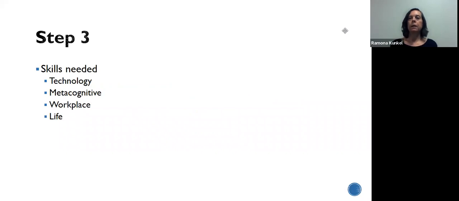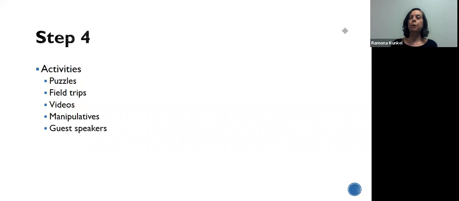Step 3, you want to think through what skills are going to be needed. What technology am I going to use? What cognitive skills are going to be needed for this lesson? It's going to tie into workplace skills and also life skills. Step 4, you want to think through what activities your lesson is going to include.